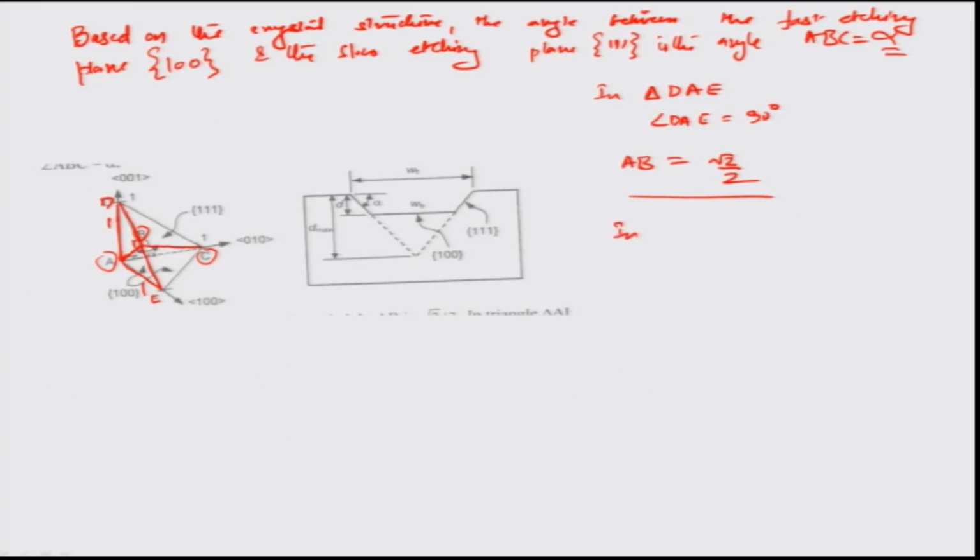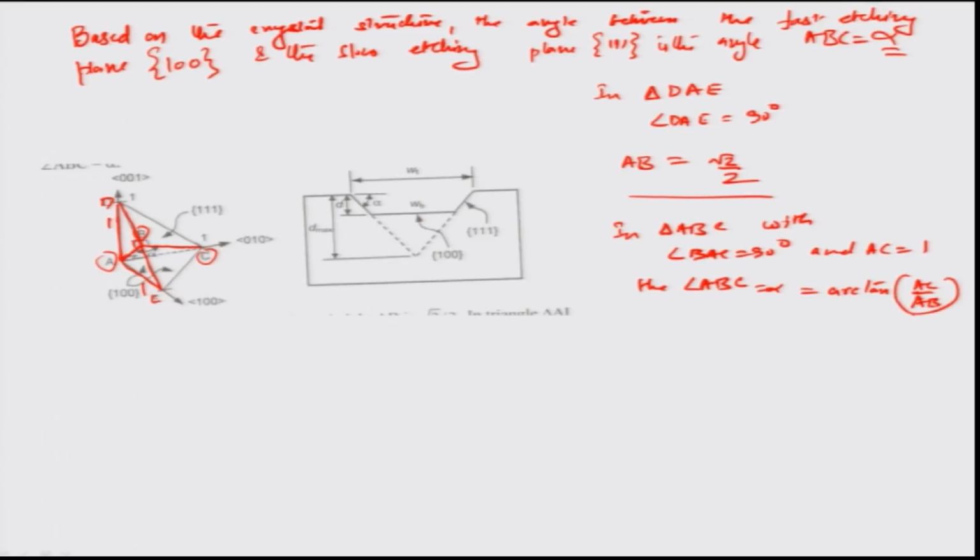So in triangle ABC with angle BAC equal to 90 degrees, as you can see here, and AC equal to 1, the angle ABC, alpha, equals the arctan of AC by AB.